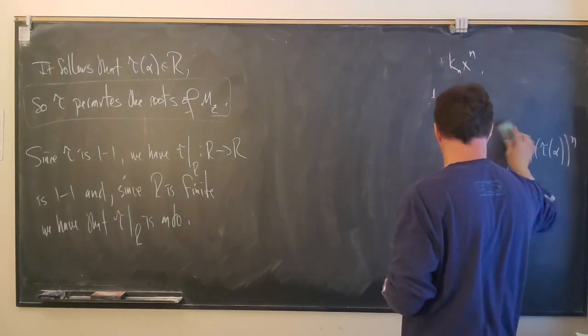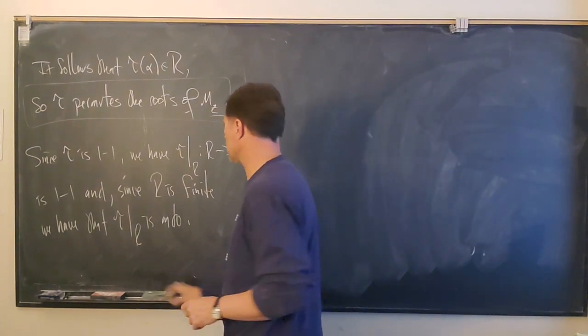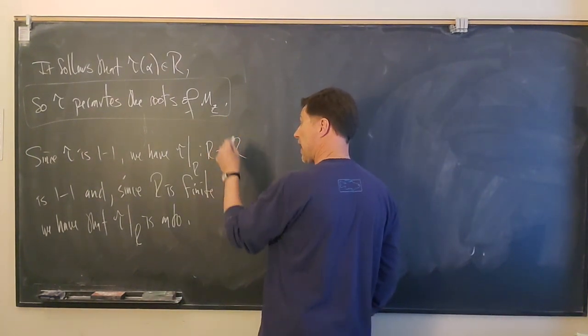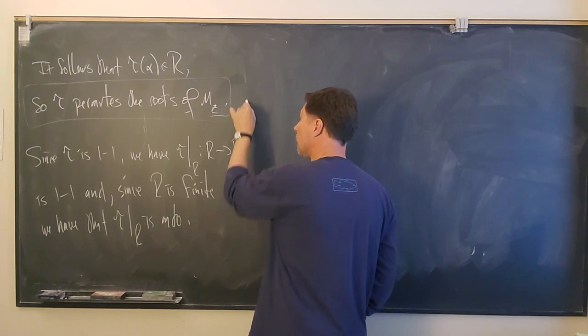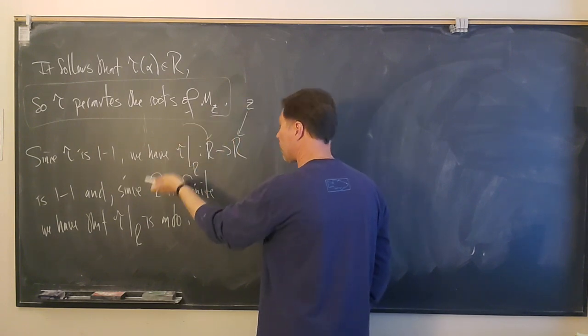Okay, fine. If it's onto, remember we started off with z, so it follows. So if it's onto, and we have z living in here, then there's somebody in here so that when you plug it into tau restricted to R, you get z.